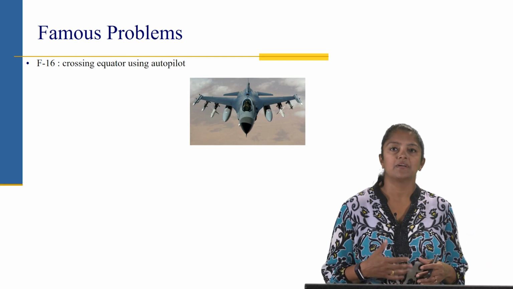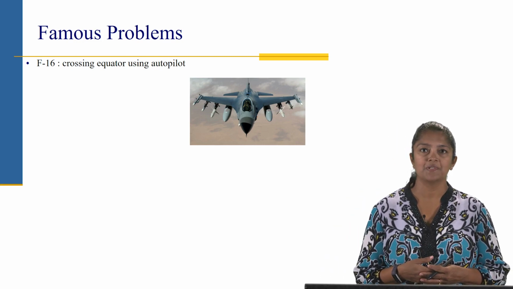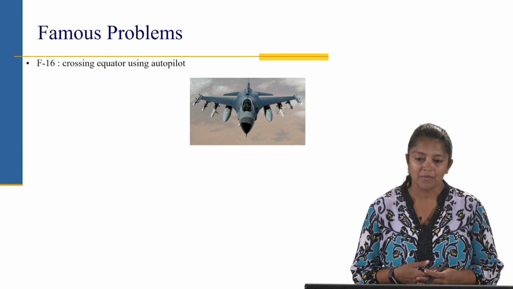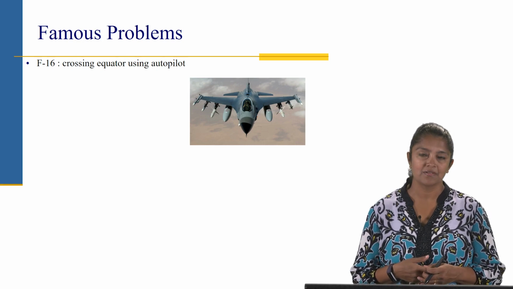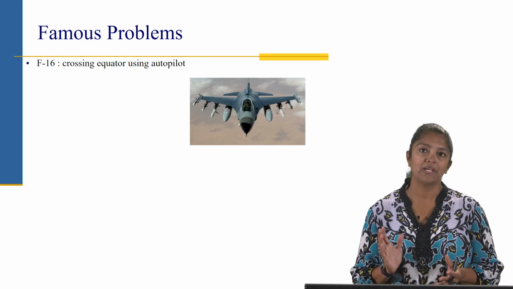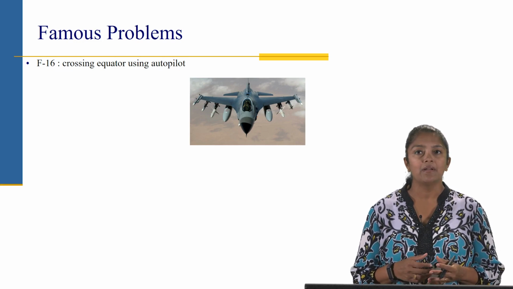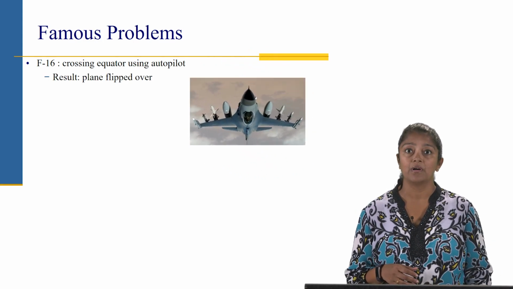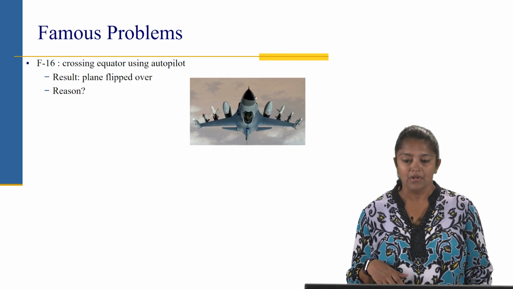So let's start with a discussion of some of the famous problems that were caused due to software testing. The first one that's famous in software engineering history is the F-16 fighter plane crossing the equator using autopilot, and the result was that the plane flipped over. Now why did that happen?